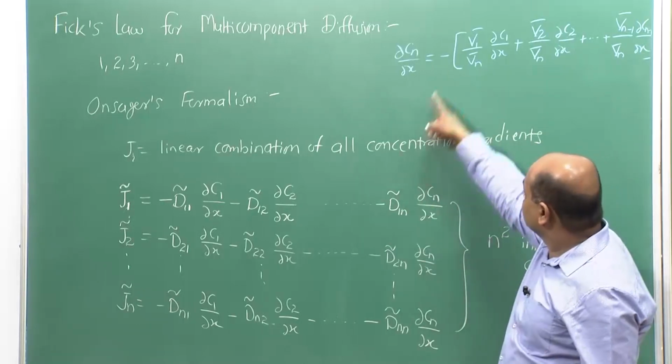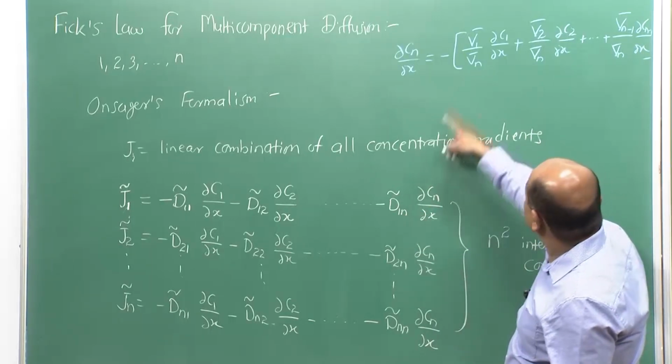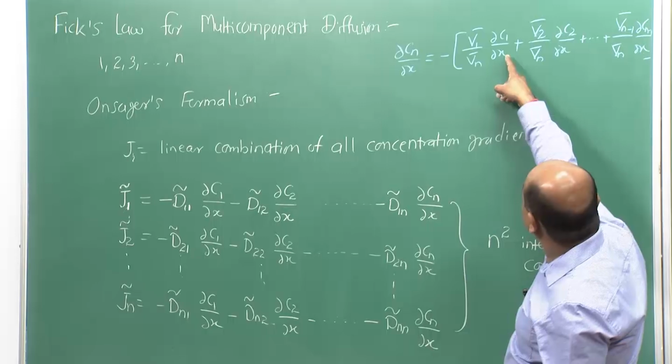So, this negative becomes positive and we have d tilde 1n times V1 bar over Vn bar times dou C1 by dx and so on.